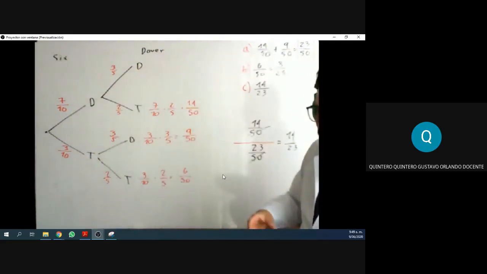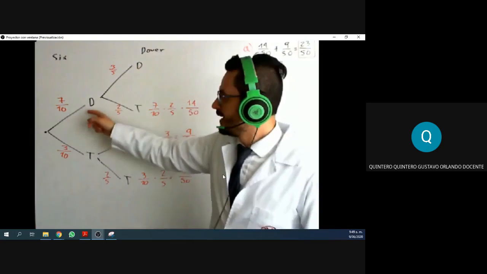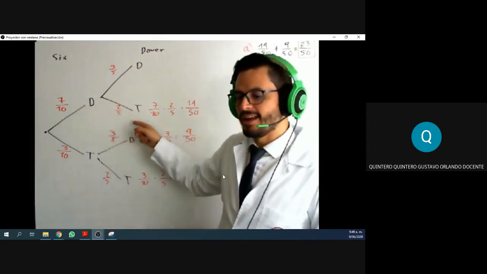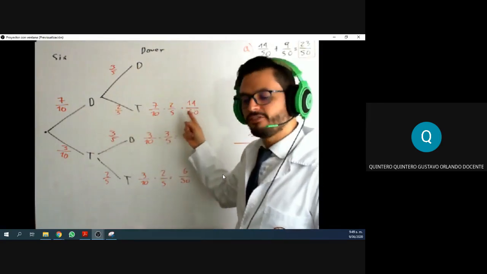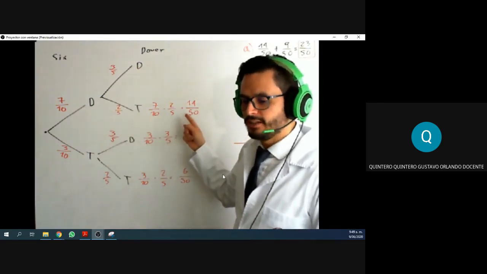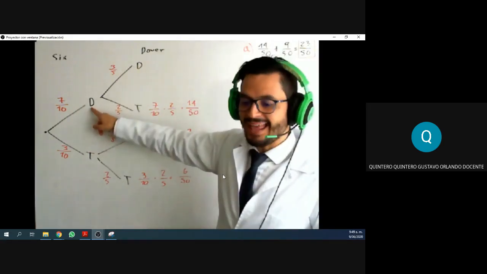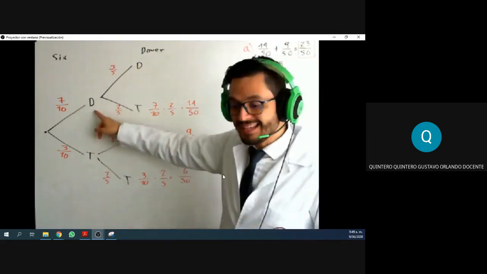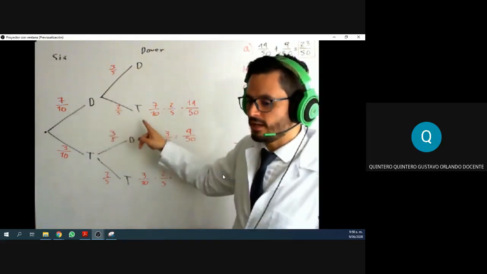Okay. This possibility, 14 over 50, this one, delayed and on time, this row, is the probability of getting delayed and getting on time, at 6th Avenue and in Dover Avenue.